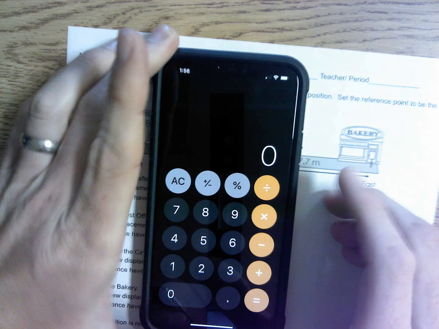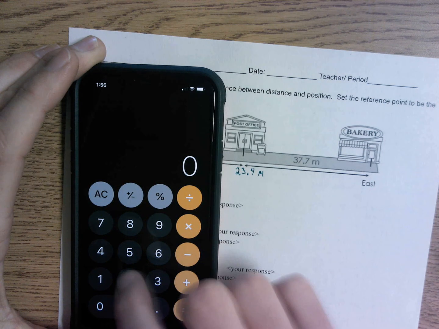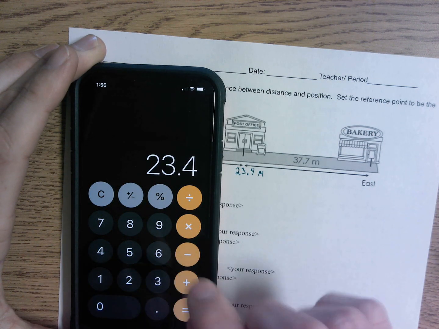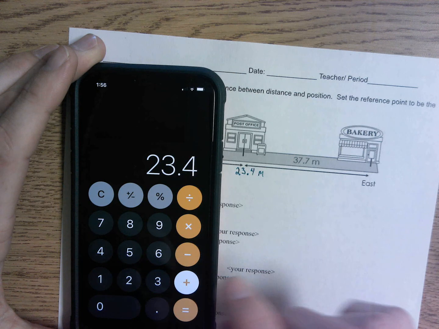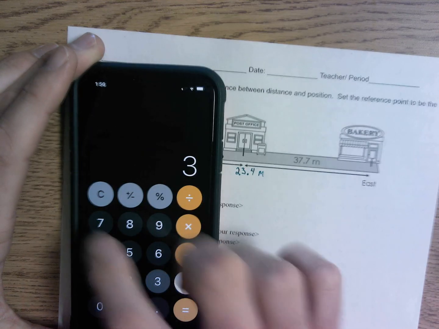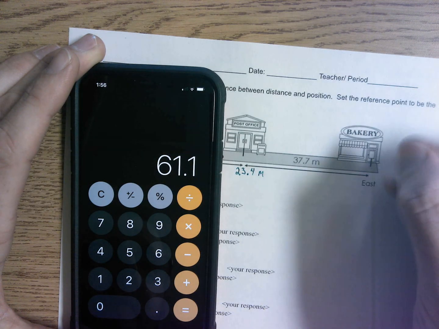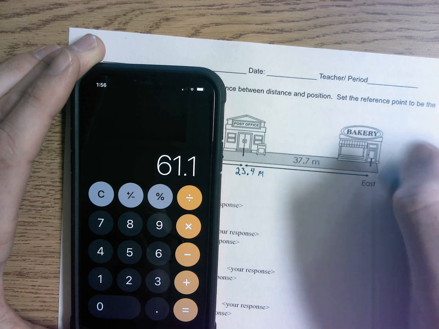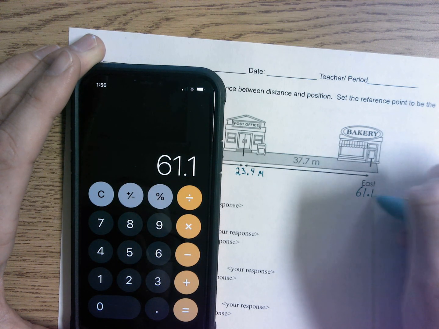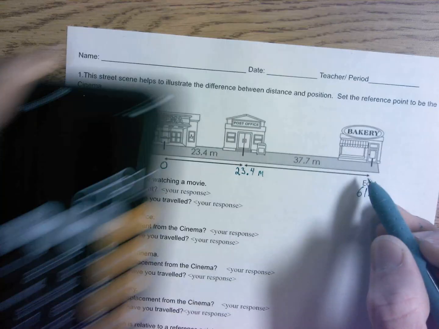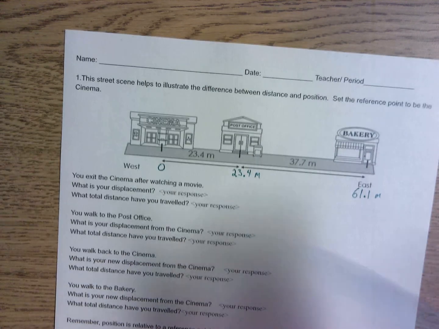We've got 23.4, and we're going to add 37.7. So we get 61.1, as you see there. So the bakery is 61.1 meters to the east of our origin, which is the cinema.